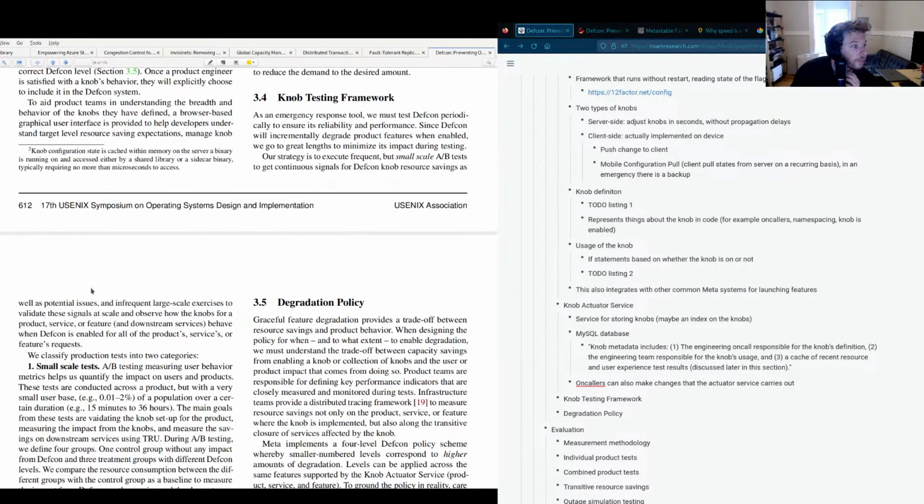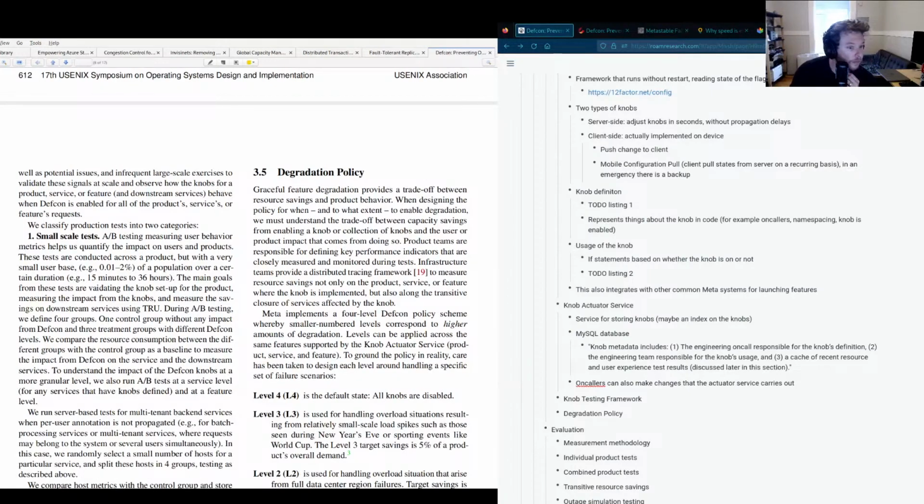Okay. So they do A/B tests. Okay. So they have small scale tests, 2 types of tests.